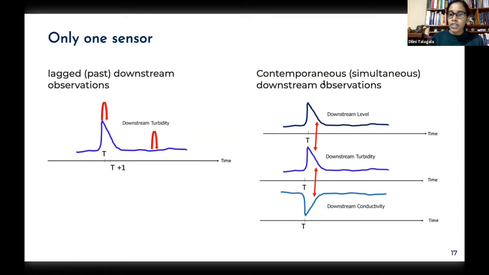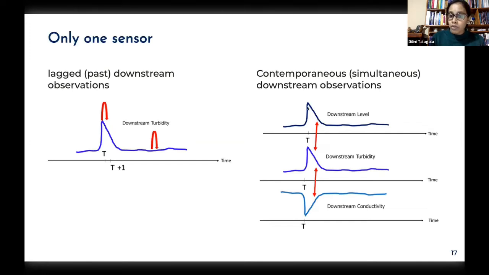Another conditioning type is contemporaneous downstream observations. Here, I want to identify the anomalies in my downstream turbidity, and I'm going to use the information coming from other variables of the same time. So contemporaneous downstream observations means the other variables of the same time.